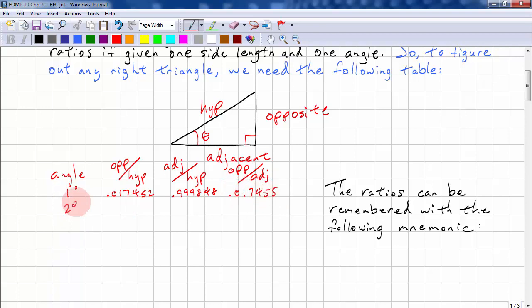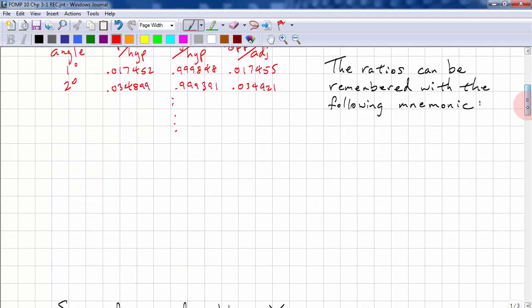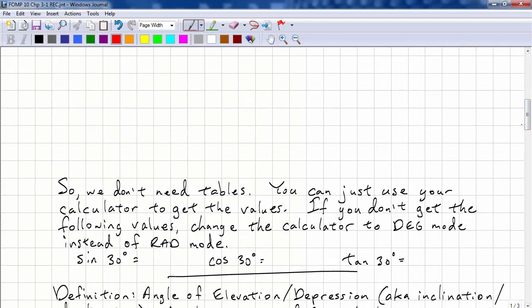And for 2 degrees, we have 0.034899, 0.999391, 0.034921. Okay, we can go on and on and on. However, there's an easier way to do this. We can just use our calculator.